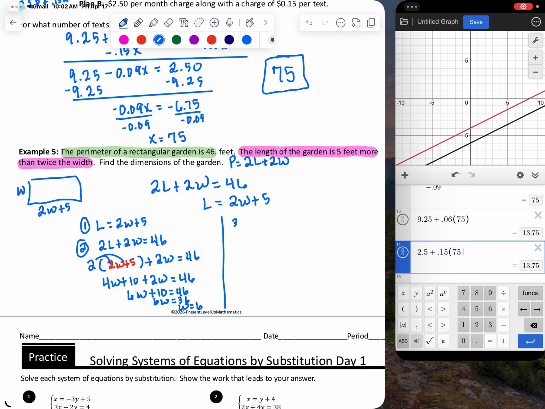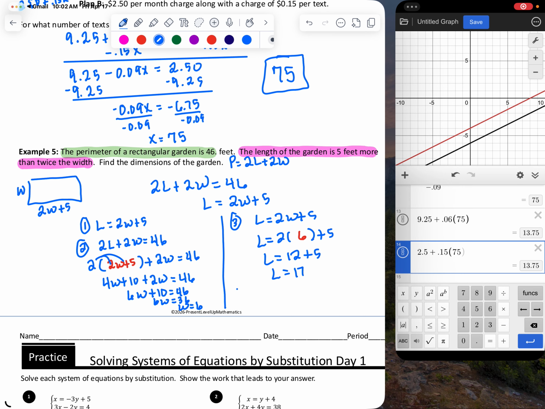So in step 3, I'll write down my original equation, L equals 2W plus 5. And then I'll replace the W with parentheses and plug in my numerical value, which was 6. So length equals 12 plus 5. So length equals 17.